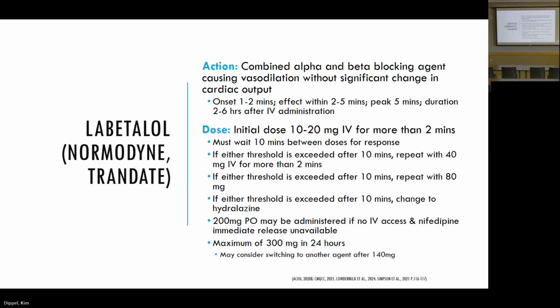You repeat the blood pressure, and if either the systolic or diastolic is exceeded over 10 minutes, you give 40 milligrams IV over 10 minutes. If either threshold is exceeded after 10 minutes, you repeat with 80. Again, you wait 10 minutes.